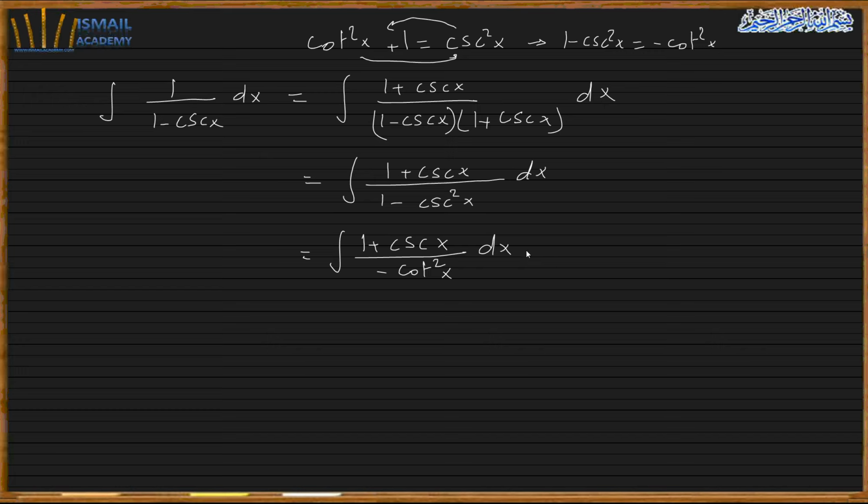It's the same thing, so I'm going to split the numerator, so it's going to be minus 1 over cotangent square x dx, minus, because I have a minus on the denominator, again the integral of cosecant x over cotangent square x dx.